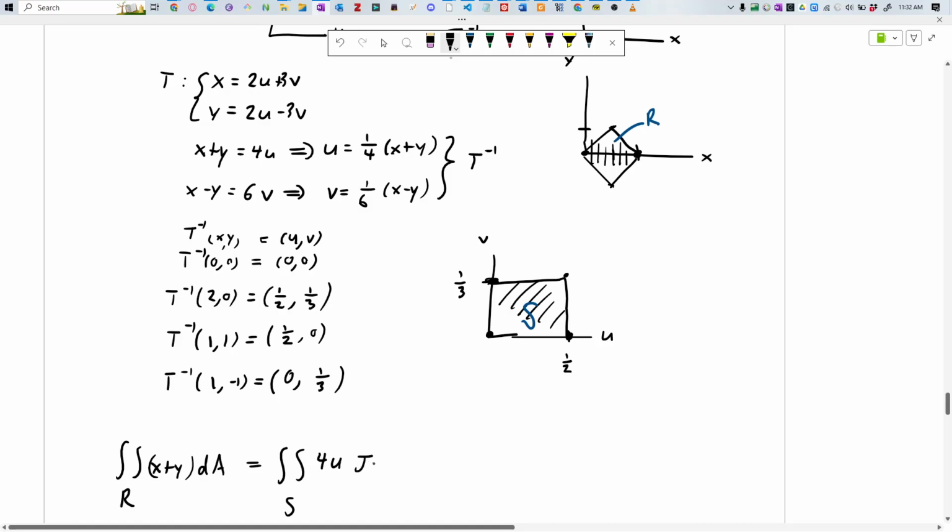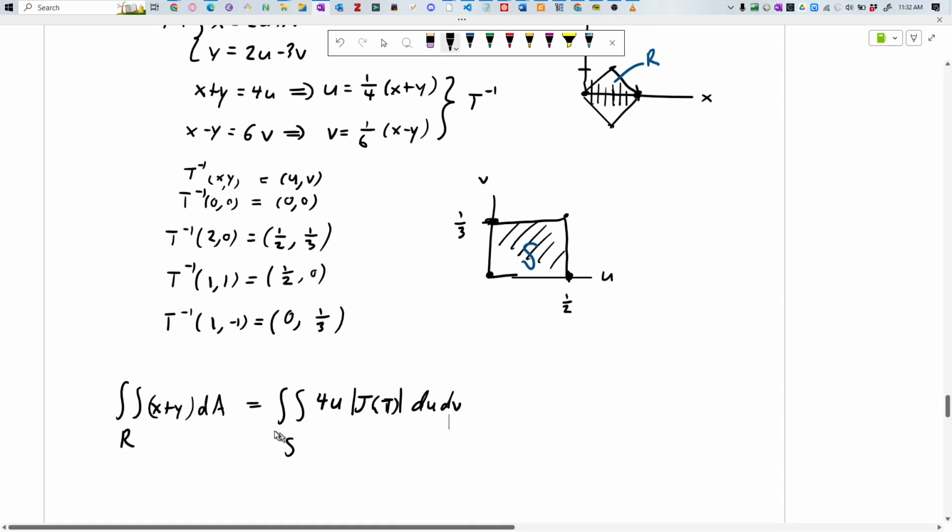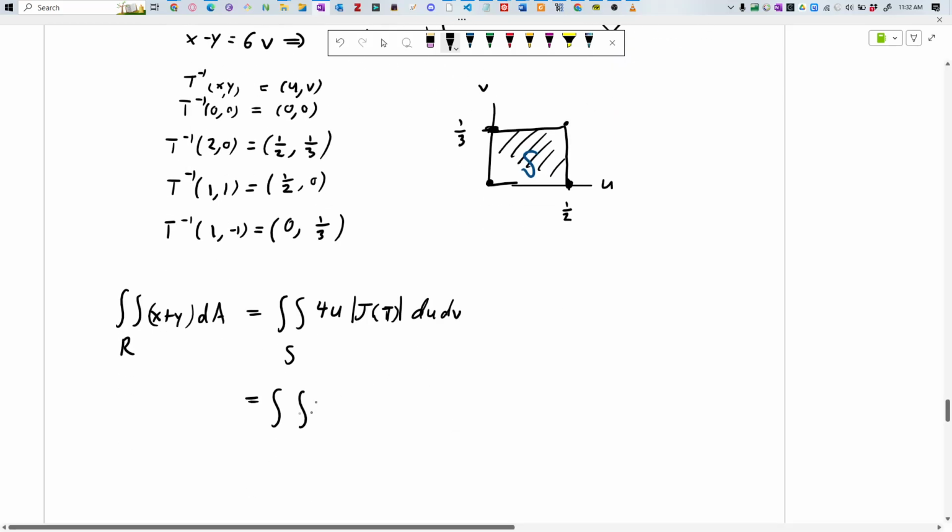Then we have the Jacobian that we need to compute. I'm just going to use this kind of naming: J of t, the Jacobian of the transformation, and it'll be du dv. We can pretty easily specify this double integral, because it's rectangular.